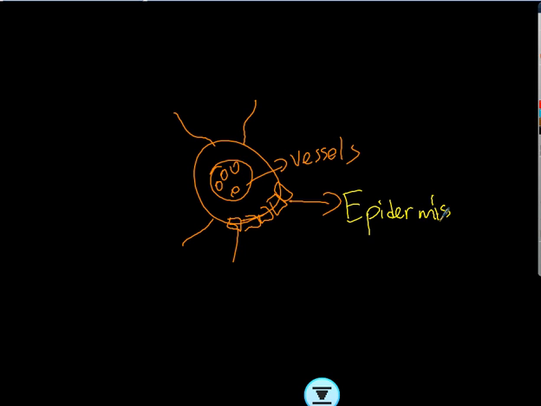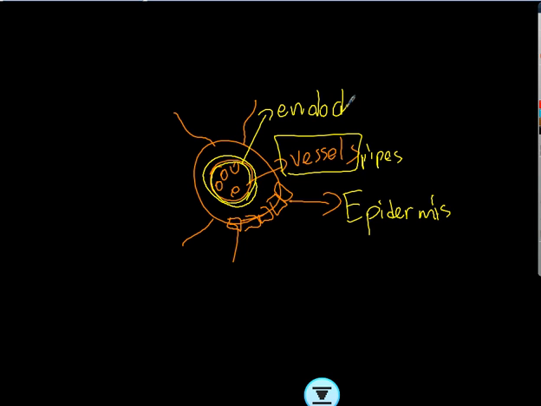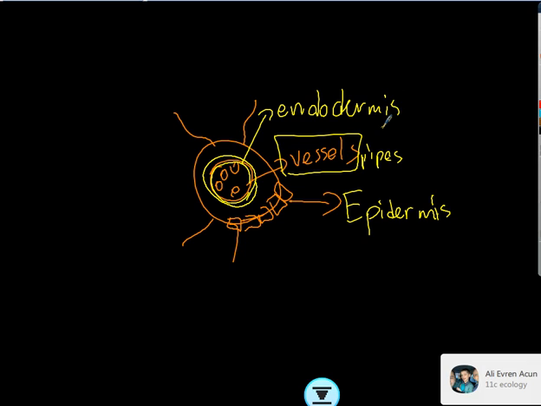And one more thing that I have to mention here is these vessels or pipes, like pipettes, transport the water, right? So these vessels and the epidermis are divided by one more layer, and this layer is called endodermis. What is the difference between them?